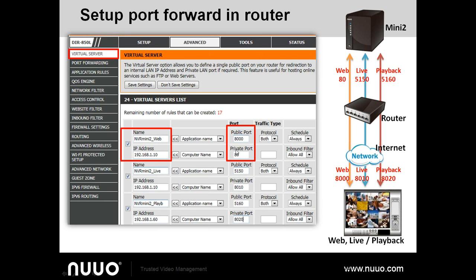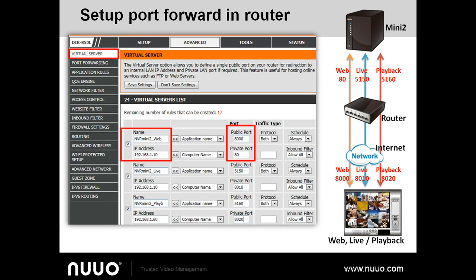You can also configure port forwarding of the live streaming port 5150 to public port 8010, and the playback port 5160 to public port 8020 in the router.